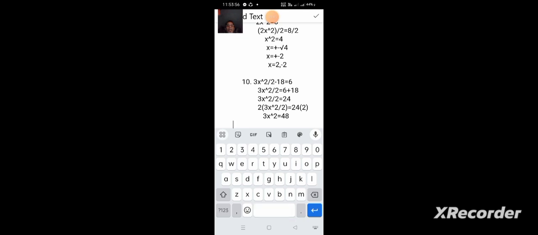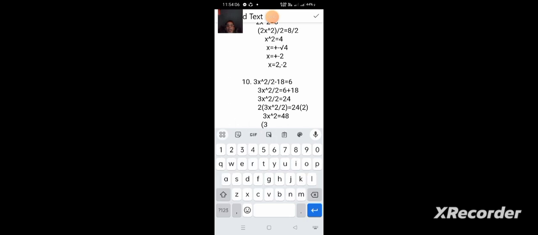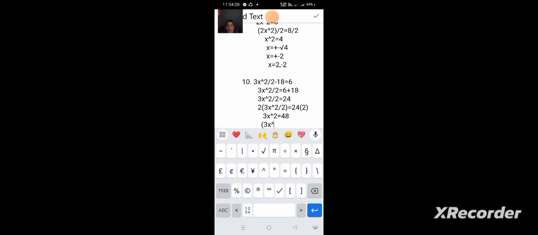Dividing both sides of the equation by 3, so you will have the quantity 3x raised to 2 divided by 3 is equal to 48 divided by 3.